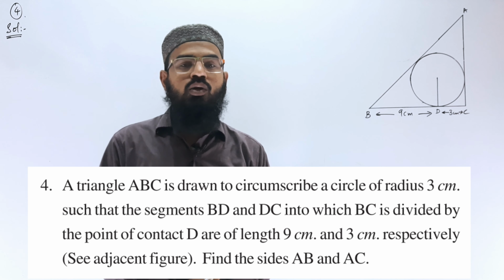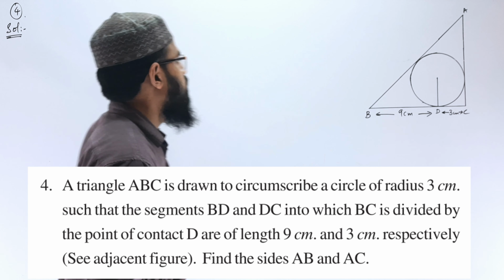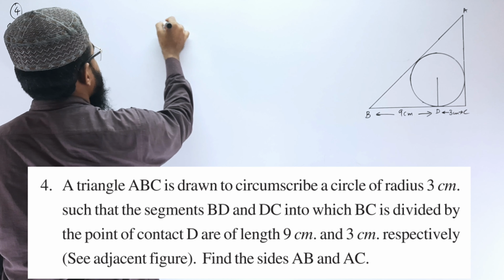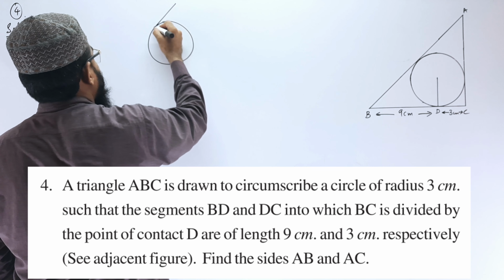Now let us write what is given. Here we can draw this triangle like this. Suppose this is a circle, so this circle is getting circumscribed.